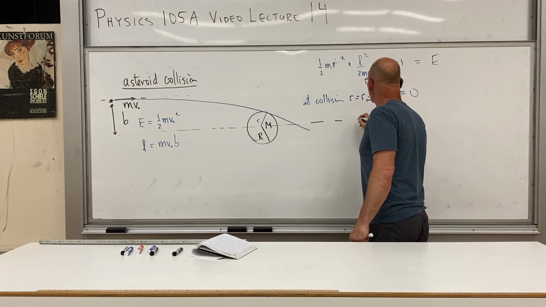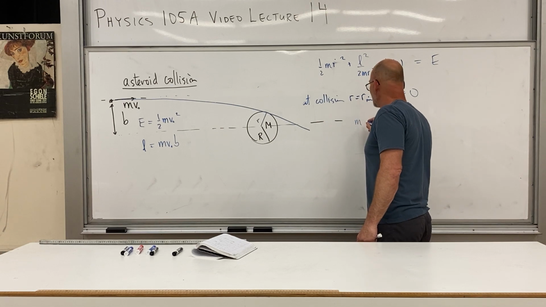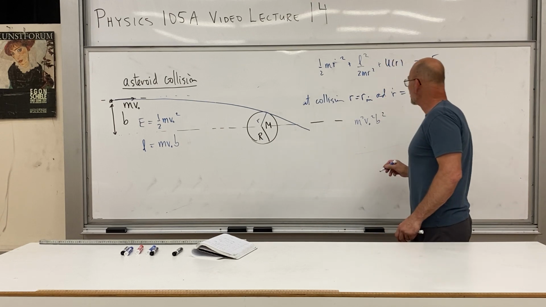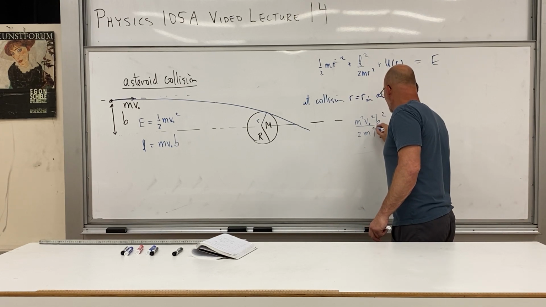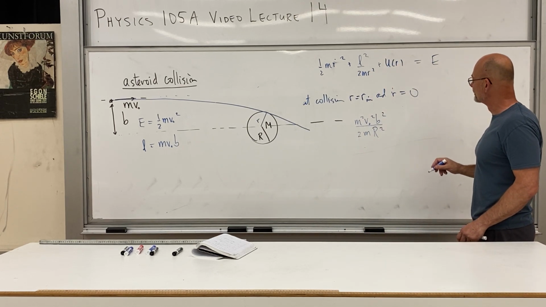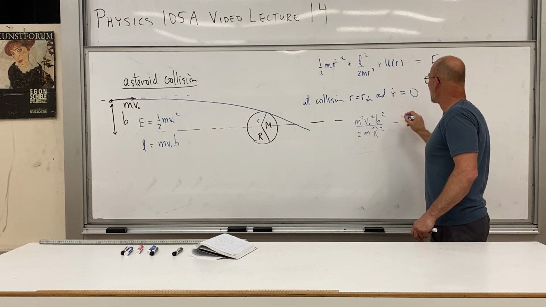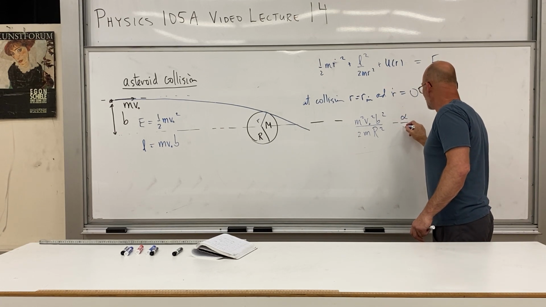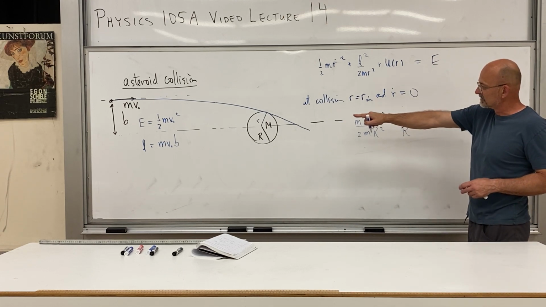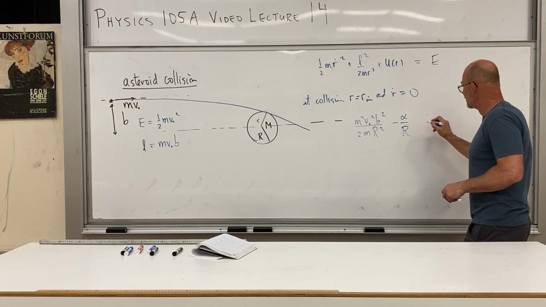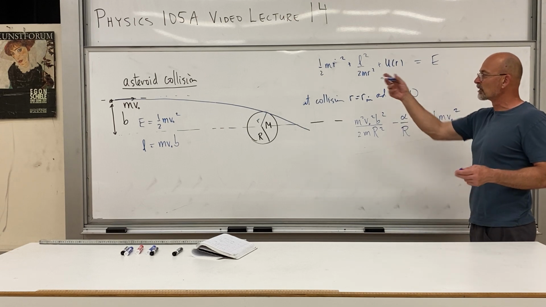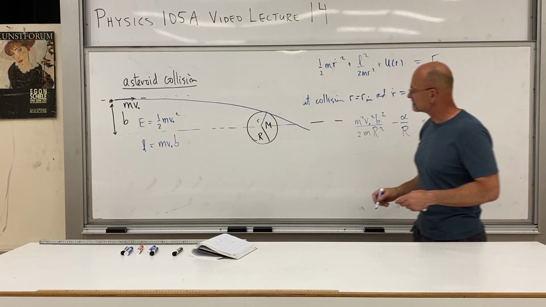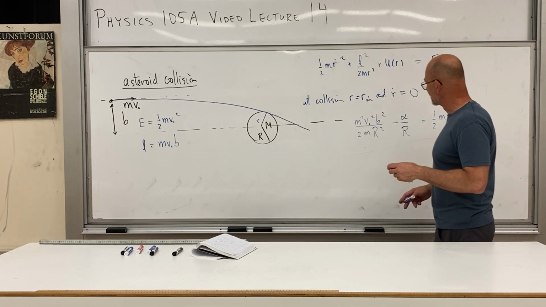We have m squared v naught squared b squared over 2m capital R squared, minus alpha over R, because again we're at that r equals capital R, equals 1/2 m v naught squared, because we were approaching from infinity. Same as before.